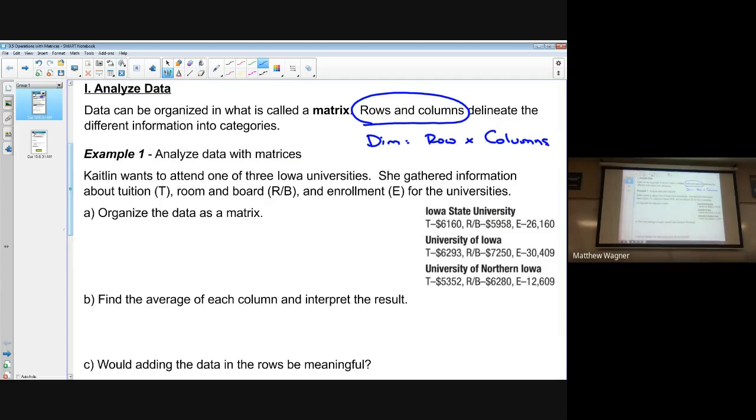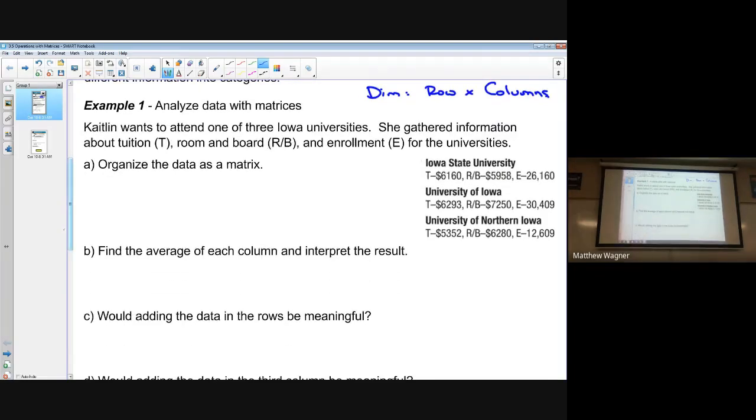All right. So Caitlin wants to attend one of 3 Iowa universities. She gathered information below. You have tuition, room and board, and enrollment for each of the 3 schools. And it says organize the information as a matrix. As we organize it, we're not super particular as far as which way we arrange it.